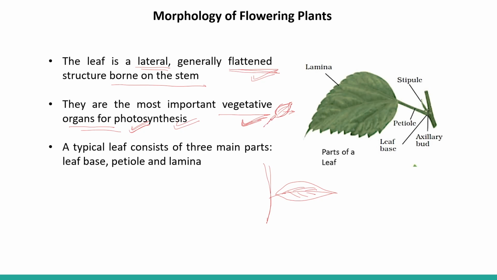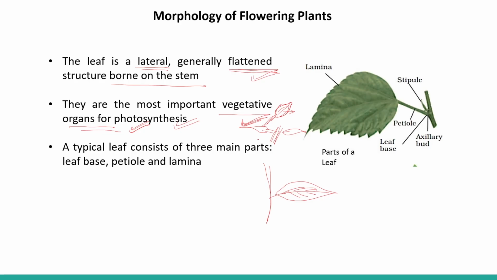Same with the case of the stem also. The stem's main function is to keep the plant erect and at a position that all its leaves get exposed to the sunlight properly. They also bear the flowers, buds, and fruits.